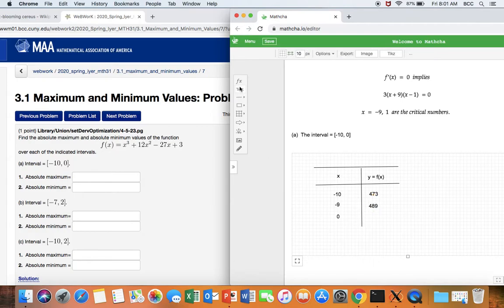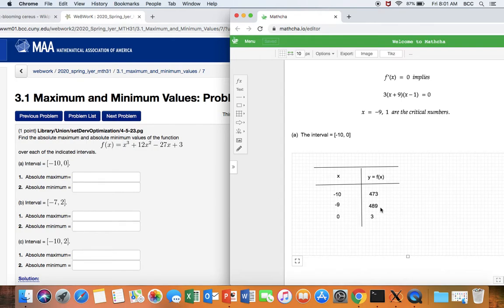And for 0, it is 3. Okay, check my work, or you can try your own problem. So remember, I'm substituting these numbers in f, because you want to find absolute maximum and minimum of f. So plug these numbers in f.